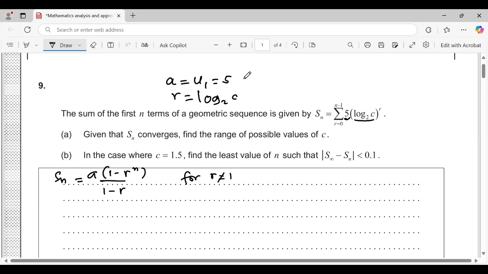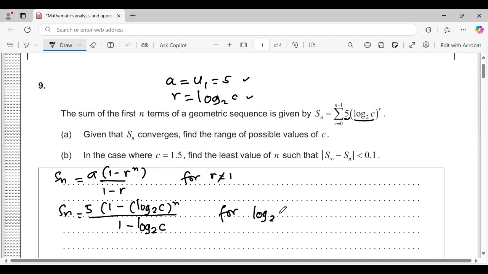If we substitute a and r, for this series it is going to be like this: 5 times 1 minus log 2 C to the power n, divided by 1 minus log 2 C, for log 2 C not equal to 1.